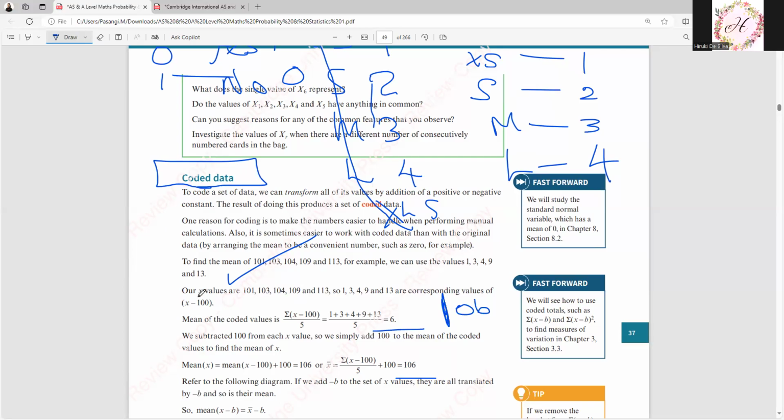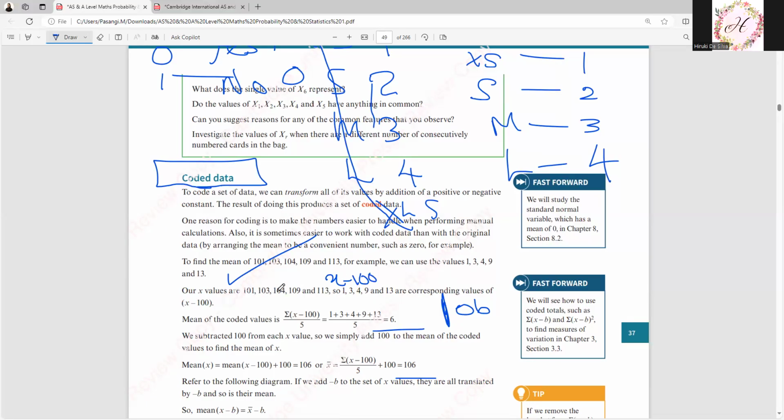So now what will happen? Our x values are these ones. The corresponding coded values are 1, 3, 4, 9, 13. They have found a numerical relationship between these, that is x minus 100.